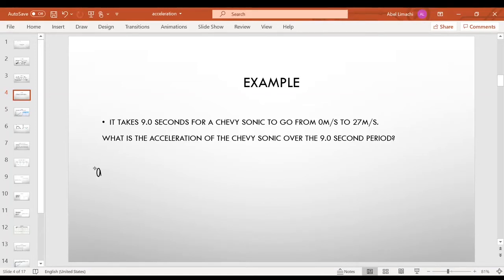Okay, acceleration equals delta V over delta T. This can also be written as V final minus V initial over T final minus T initial. Well, it's going from 0 to 27, so this is the final, this is the initial. So 27 meters per second minus 0 meters per second over the 9-second period.